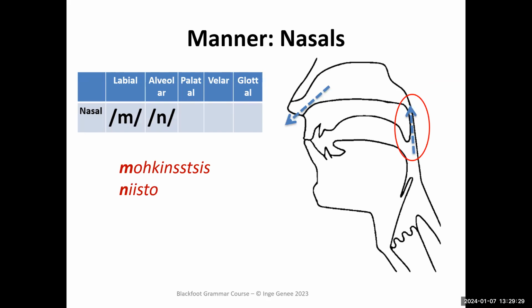Nasals are made by stopping the flow of air through the mouth, but letting the air escape through the nose instead. The picture is for the sound M, as in muhkinstis. But in Blackfoot, we also have N, as in nistu.